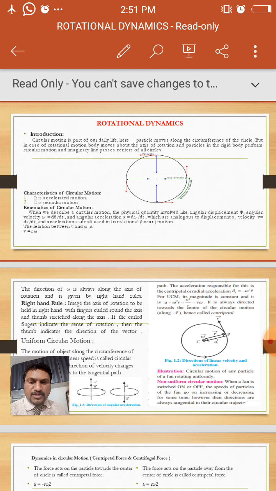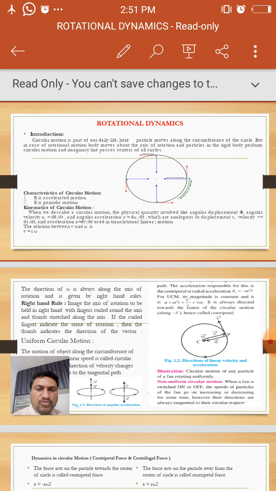How do we define uniform circular motion? It is the motion of an object along the circumference of a circle with constant linear speed. If the linear speed is variable, it is non-uniform circular motion.